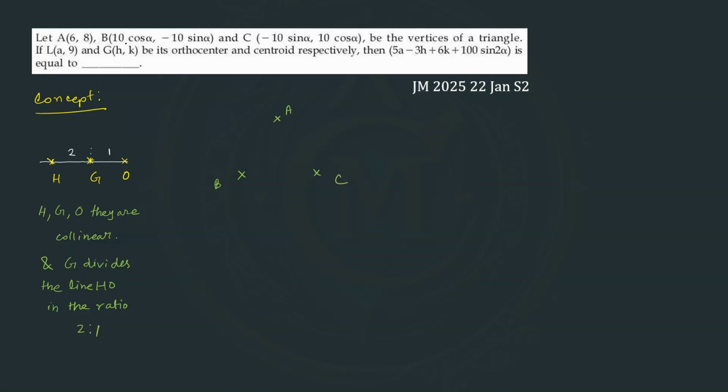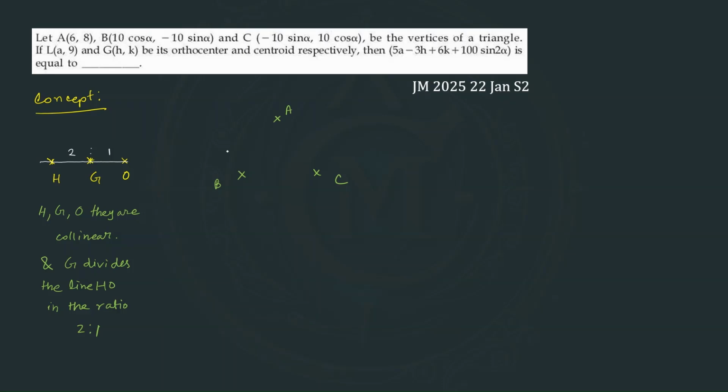You can see easily that if you square both of these quantities and add them together, 100 cos square alpha plus 100 sin square alpha is basically 100. So the equation is x square plus y square equal to 100, and similarly for the other point this equation also holds true. So B and C lie on a circle of radius 10 units.